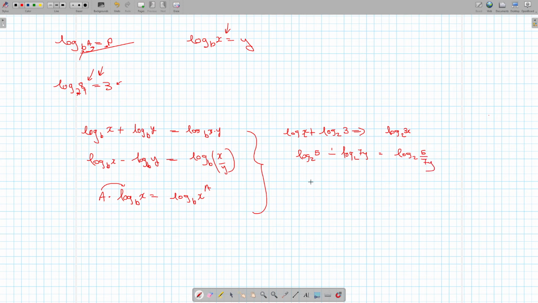And then this one, let's say I had 7 log base 2 of x. It's the same as log base 2 of x to the power of 7. You see how it came into the power.